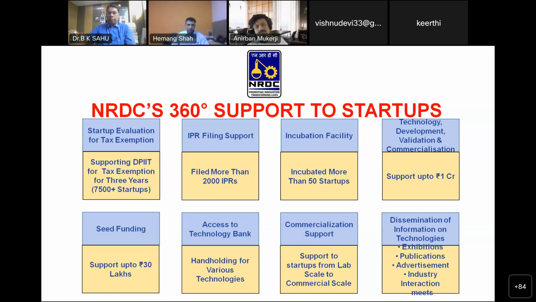India, or NRDC, plays a very important role in taking Indian technology internationally. So that's the beauty of India today.